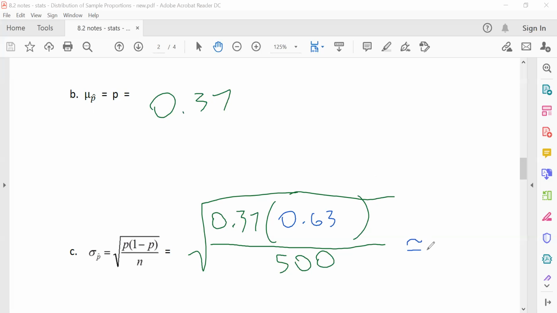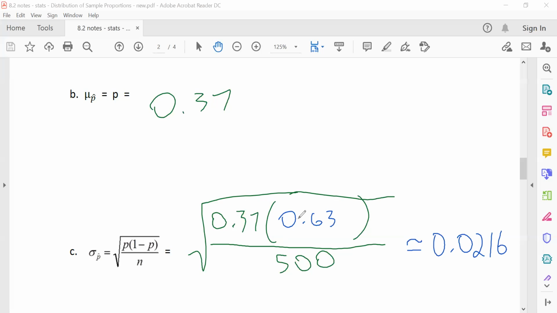and round it. Let's round to 4 decimal points. Technically, according to order of operations, it is a little confusing.